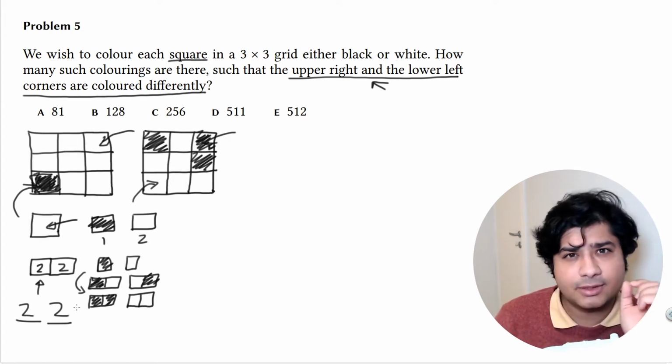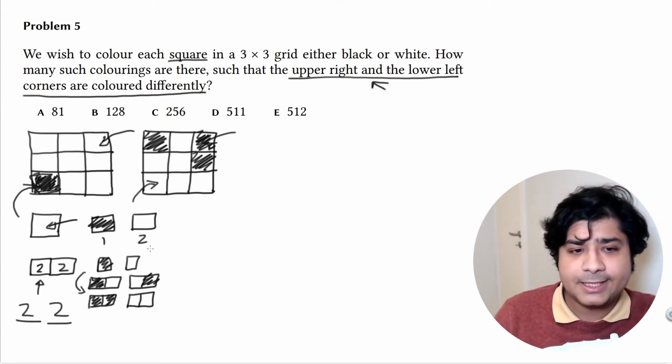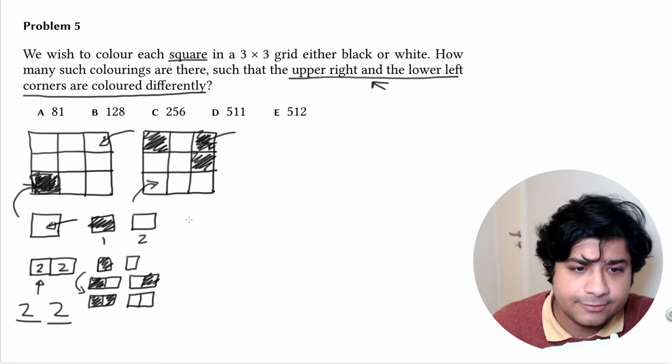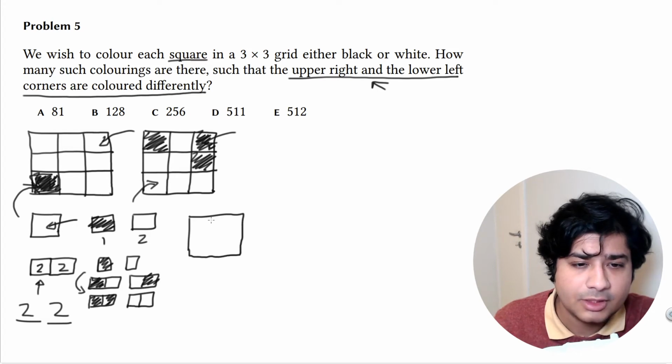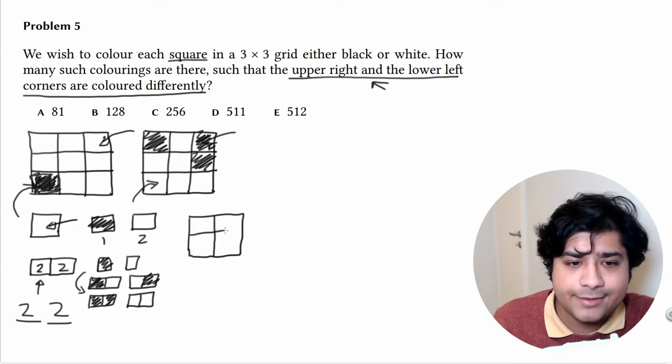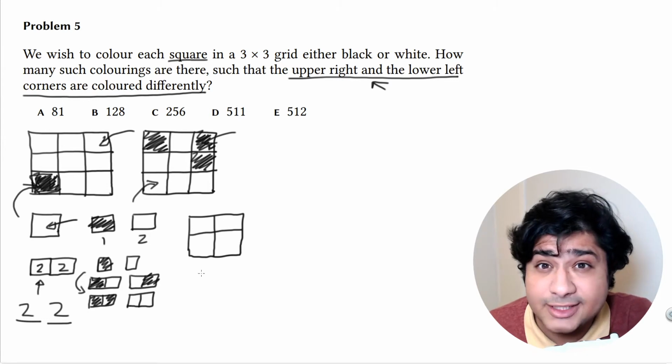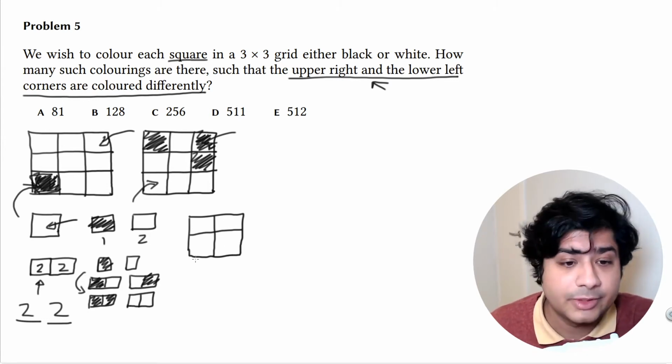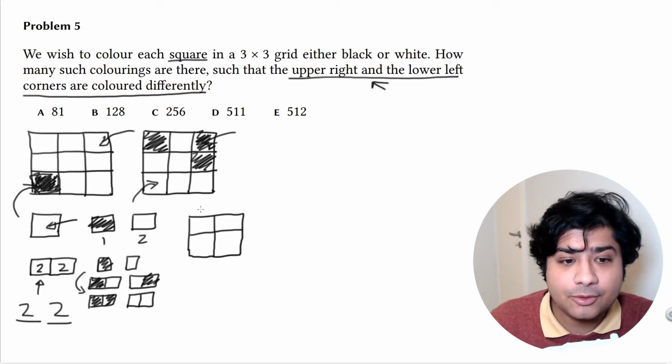Okay, now I'm starting to understand this a little bit more, because if we were to look at a different grid, a 2 times 2 grid, now without even drawing all of the possibilities, I could solve this simpler problem. We're going to get to the harder one later. So let's go through each one.